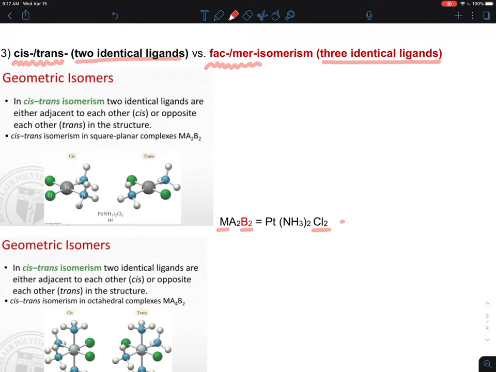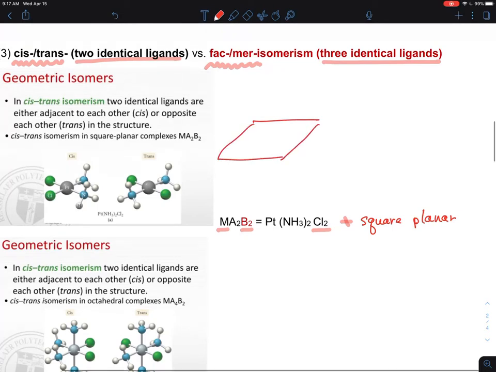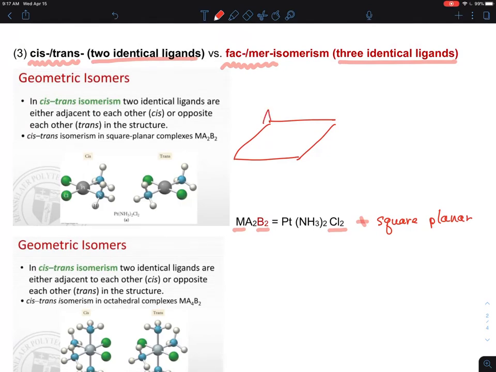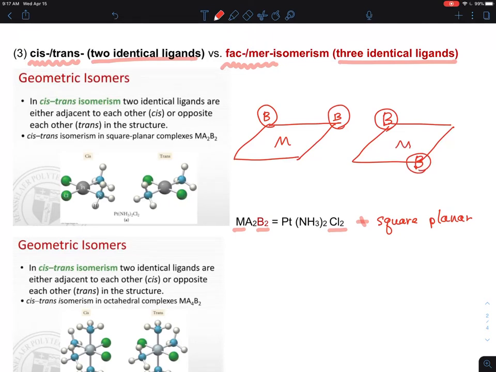But this one is square planar, okay, and that means you have essentially this plane, and I will just simplify A and A on the same side, or to be consistent, let me just focus on the B. So if I have B and B on the same side with the metal sitting in the middle, versus B and B on the opposite sides with the metal sitting in the middle, obviously this is cis, and trans is the opposite side, right?